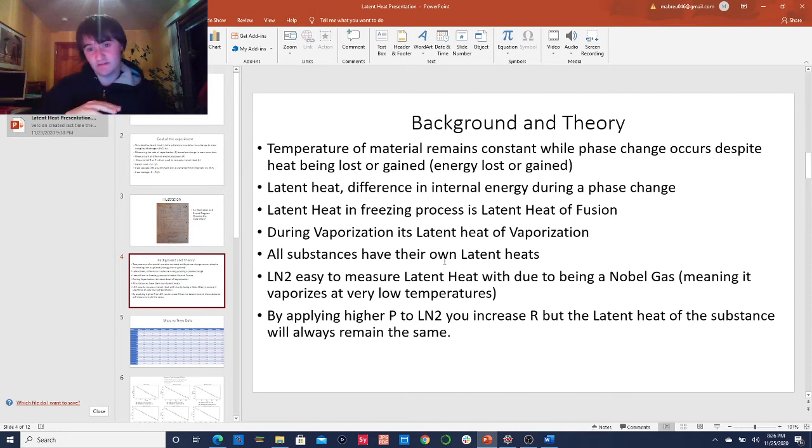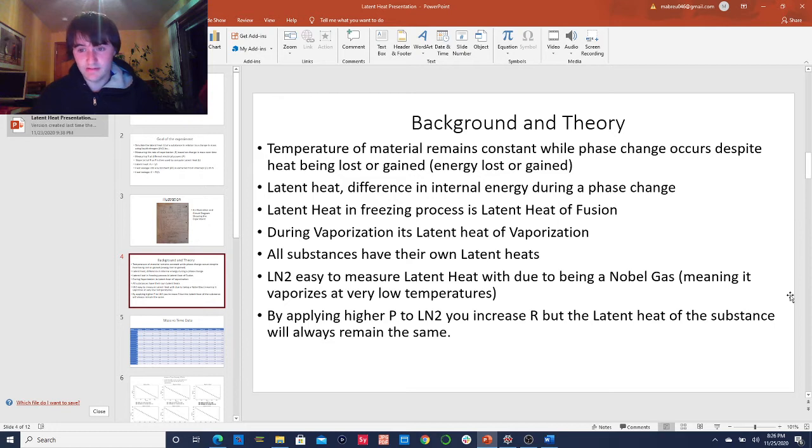All substances have their own latent heats. LN2, which is liquid nitrogen, is simply easy to measure the latent heat of due to it being a noble gas. It's already at a super cold temperature, so we can simply put in a certain amount of power from a battery to put this back into being a gas.